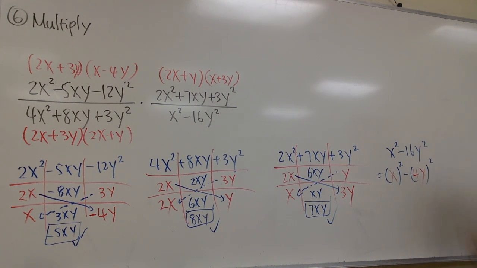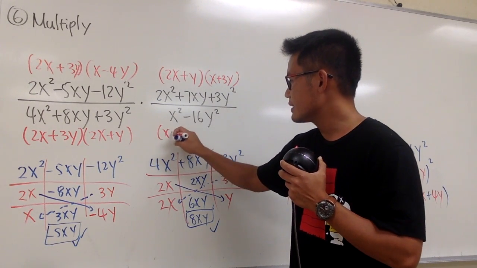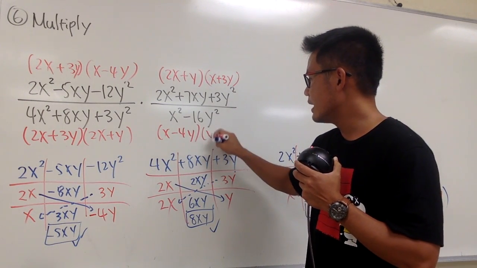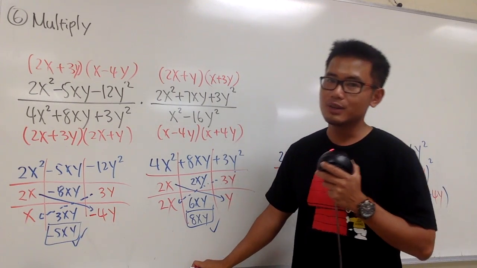Y squared, we get the y squared. Okay, for this then, I will have x minus 4y times x plus 4y. That's the difference of two squares formula. And now I can just put this down right here: x minus 4y times x plus 4y. Okay, so this is what we have.